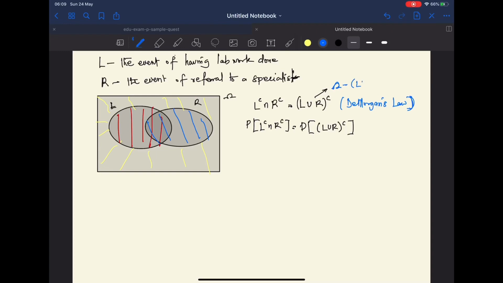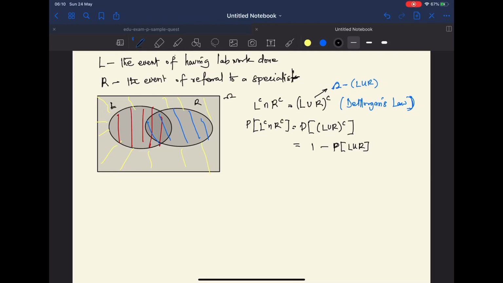So this becomes 1 minus the probability of L union R. That we are okay with.